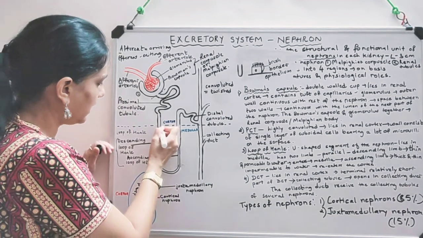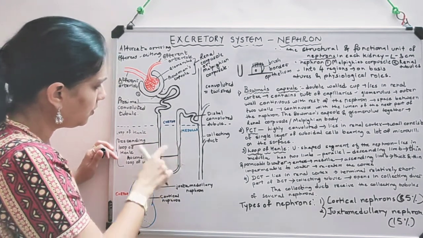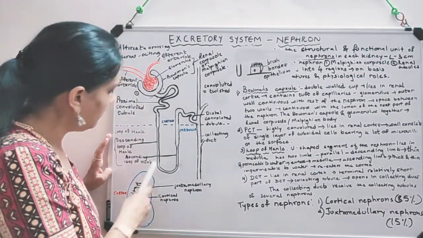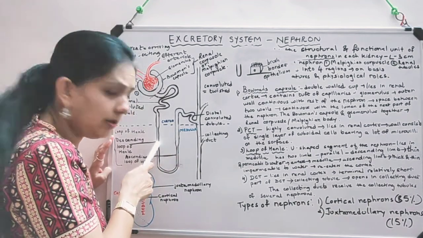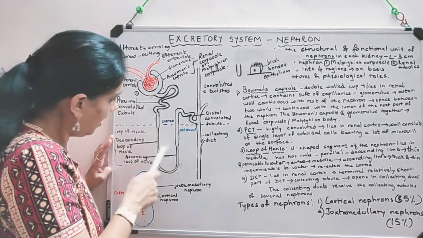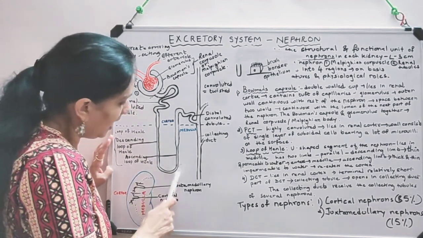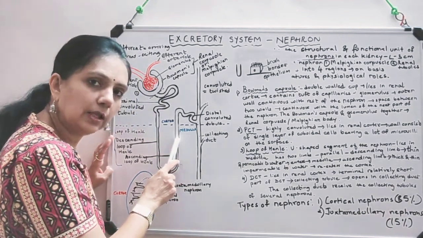You can see descending limb, this is very thin. So if you have noticed it very minutely, then this loop, there are thin portions as well as thick and thin portion. Now the descending limb, it is thin, and ascending limb is thin as well as thick.